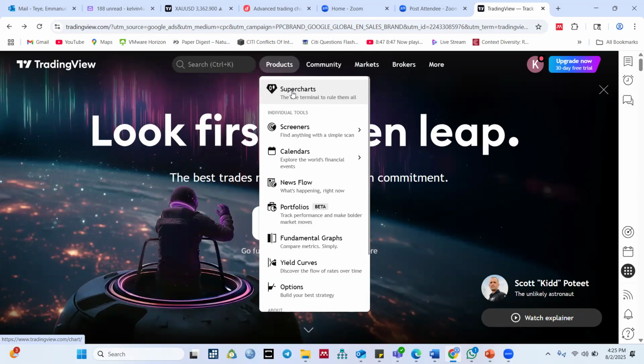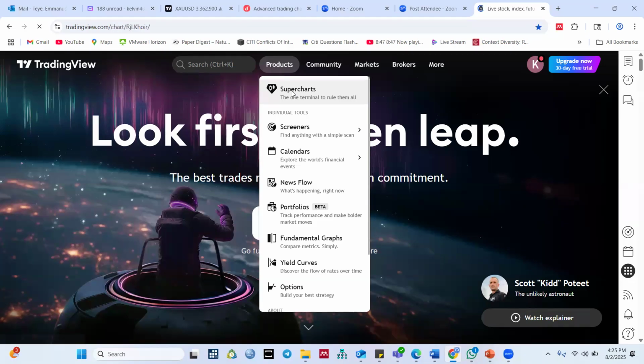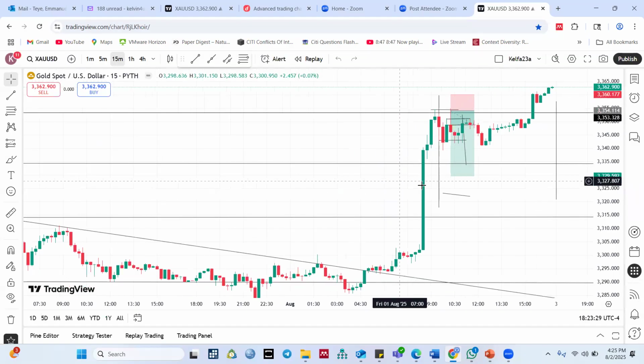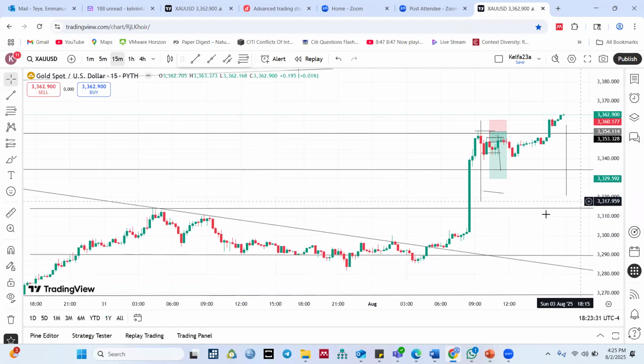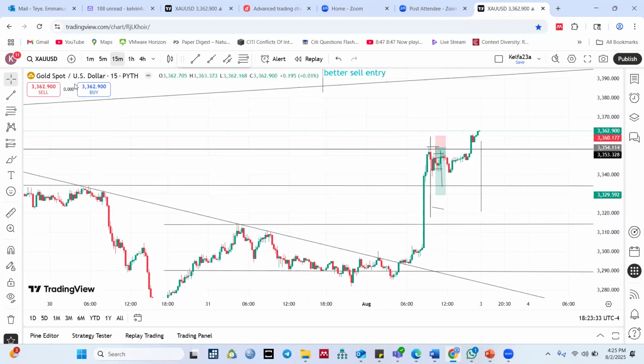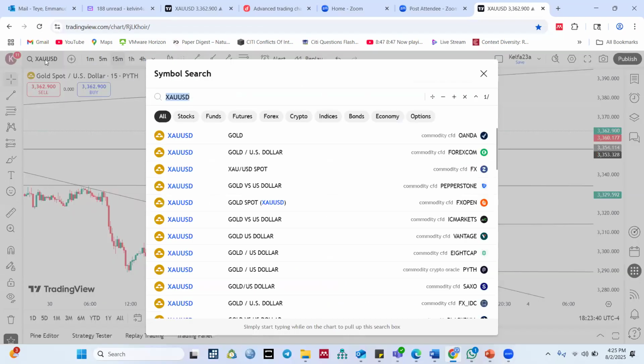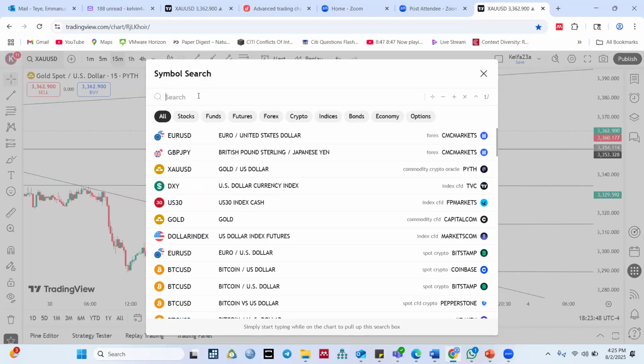The free or trial version is okay. Just click on it and it opens a chart with pairs in it. Then at the top left corner, you can click on this search button and type any pair or asset. From the introduction, we learned about EUR/USD.